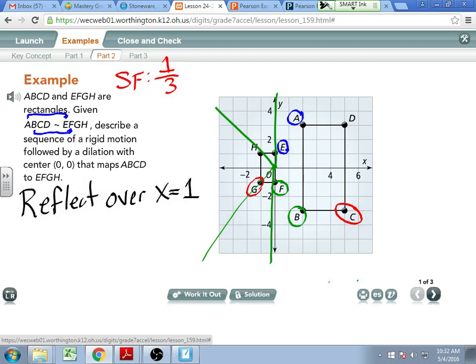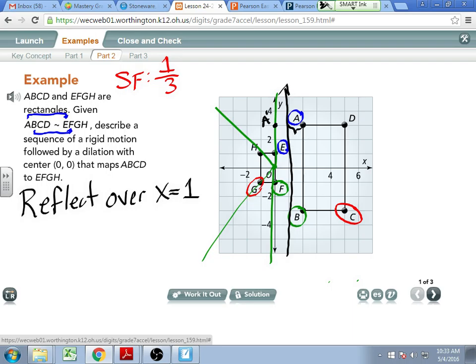If we reflect over the line x equals 1, that's this line right here, every point will go as far away from it on the other side as it was originally. So A, which is 1 away, will end up right here as A prime, and notice it's now on the ray it's supposed to be on.